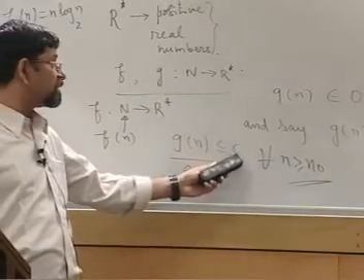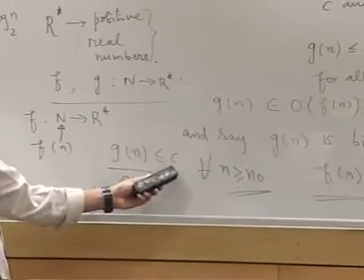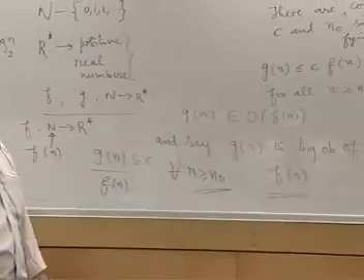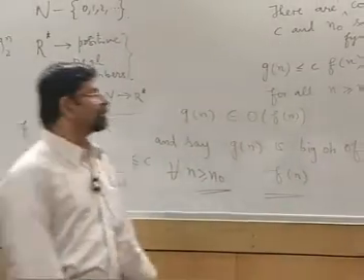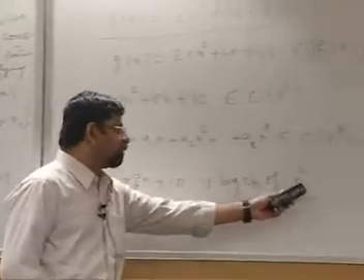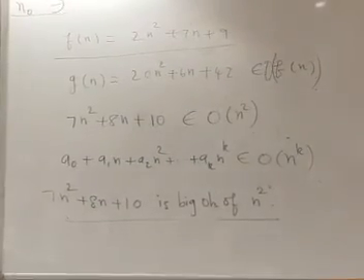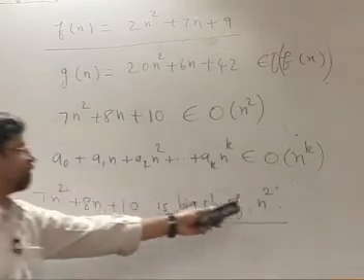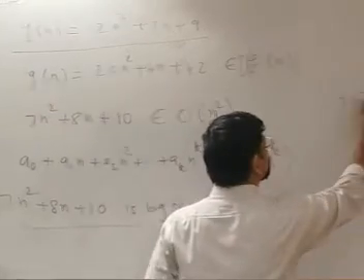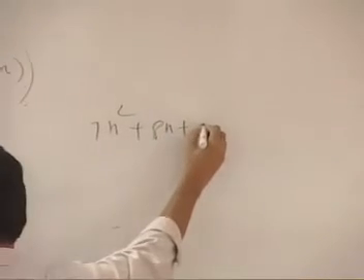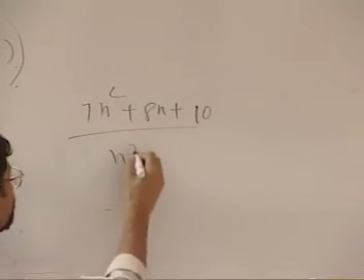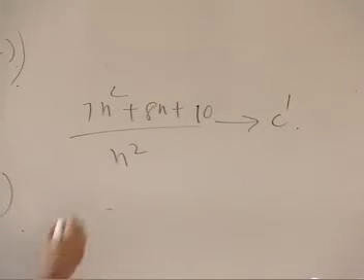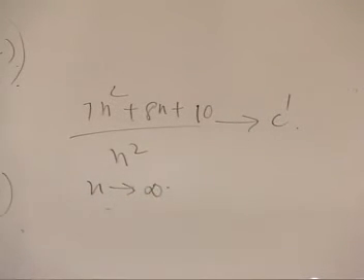As long as c is finite, you can say that g of n is big O of f of n. So g of n is big O of f of n if g of n by f of n, so 7n square plus 8n plus 10 by n square, goes to some constant c dash as n goes to infinity.